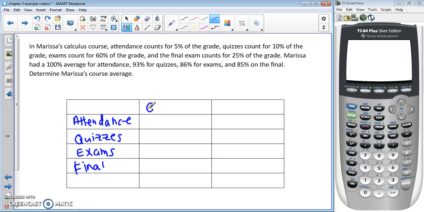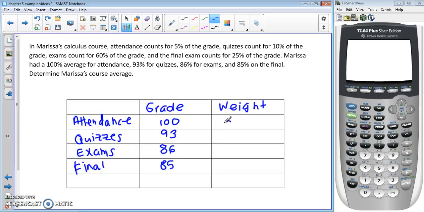And so we have our grade, and then the weight that it counts towards her grade. So she made 100 for her attendance, 93 for her quizzes, 86 for her exams, and then 85 on the final. So the weight, we want to convert those to a decimal.